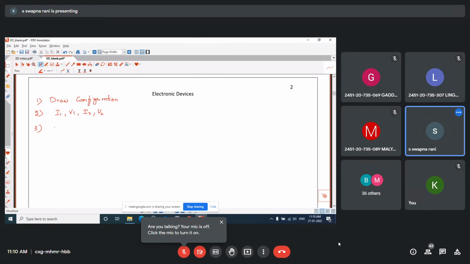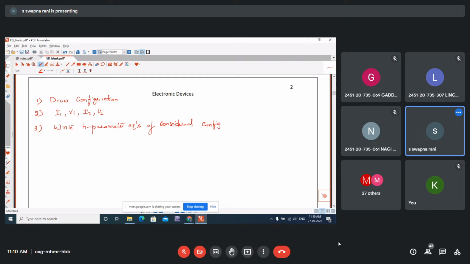Third, write H parameter equations of the considered configuration and draw the H parameter model.